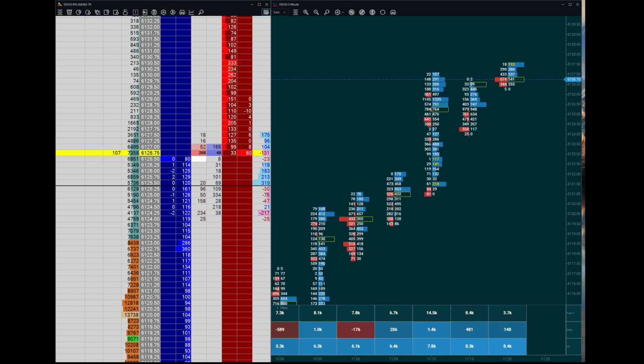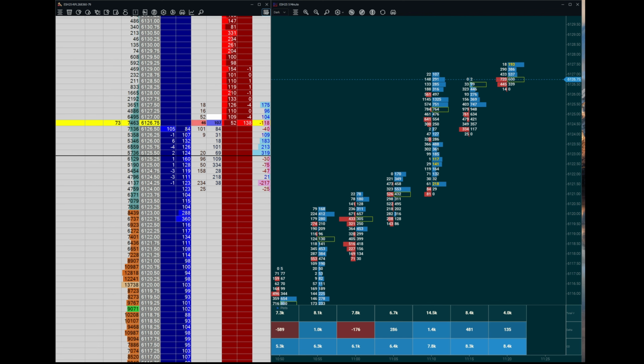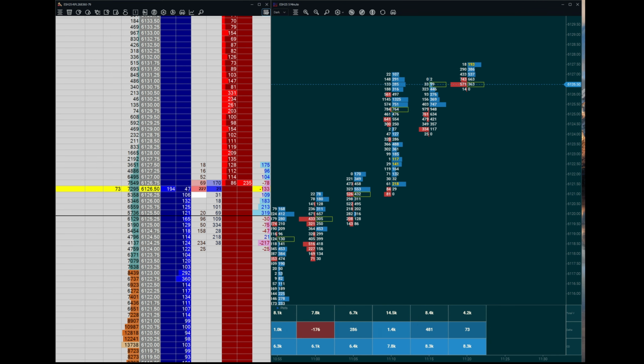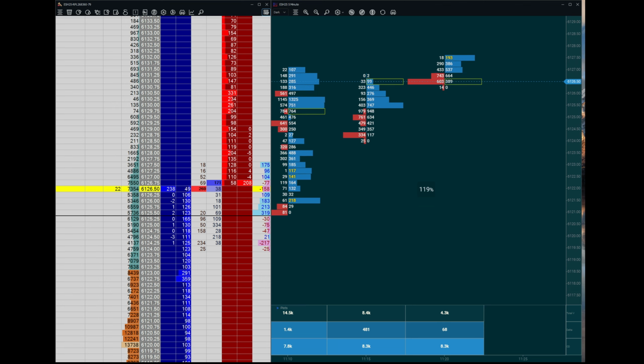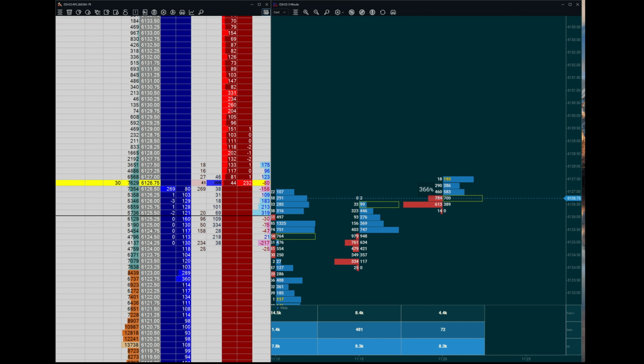So the setup today, I'm just looking for signs of selling anywhere near or above the value area high. If we go ahead and look at the footprint chart, I have a delta footprint chart because that's the most visually pleasing way that I have found to look at the order flow.